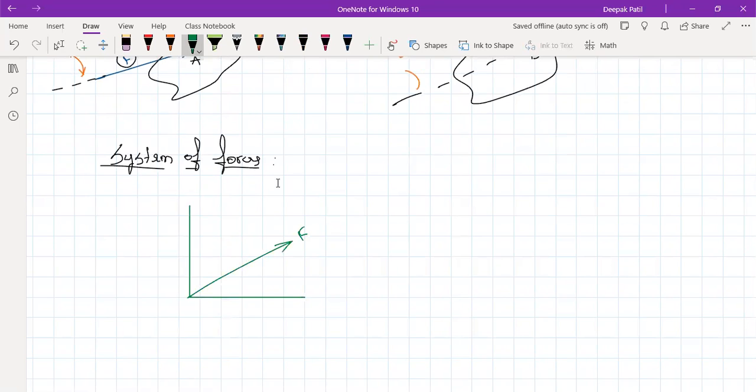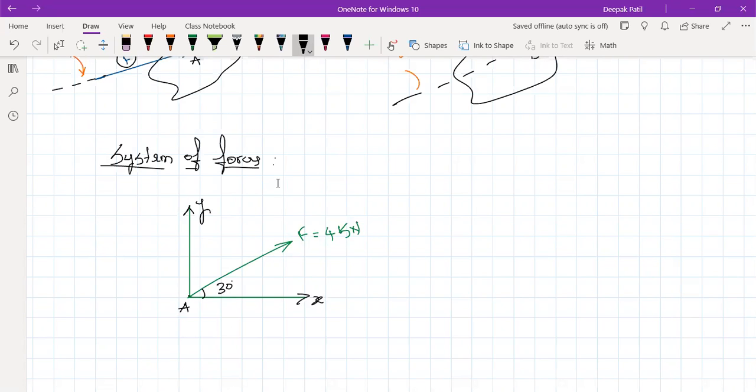Okay. Let this be a force. Say this force is, let us say it is 4 kilonewtons, right? And let this angle be say 30 degrees. Let this axis be x and let this axis be y, and let this point be point A, right?